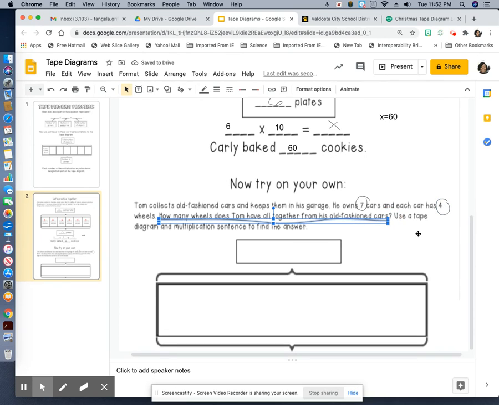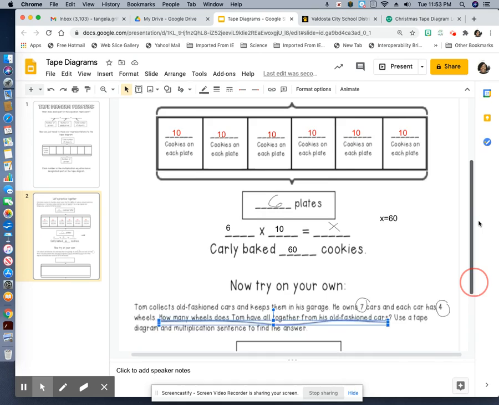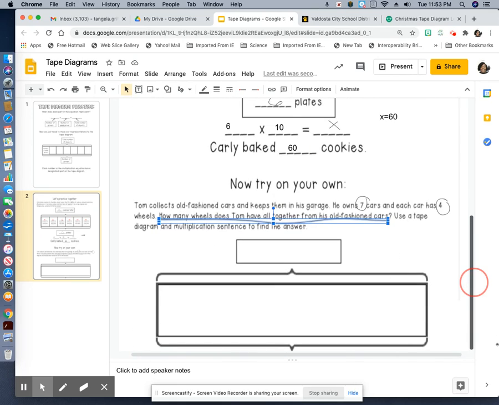Okay. And we're going to use a tape diagram and multiplication sentence to find the answer. Okay, so our tape diagram is blank here. It feels like something is missing right down here.